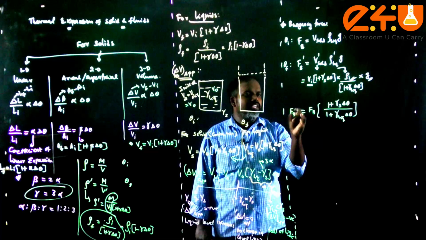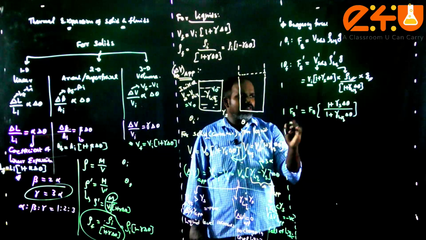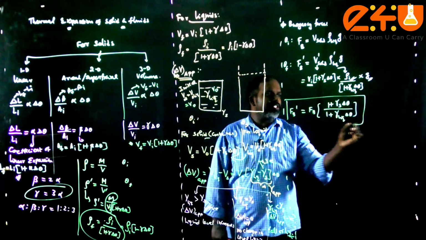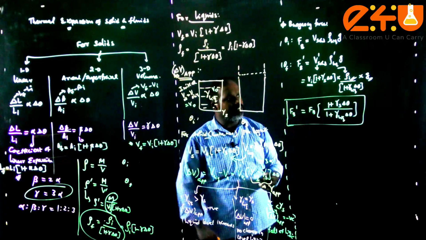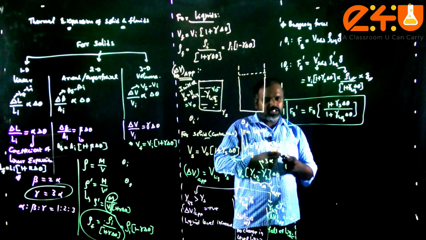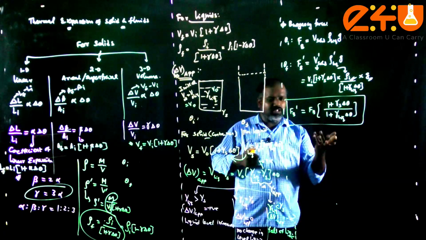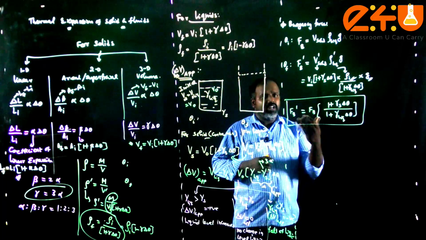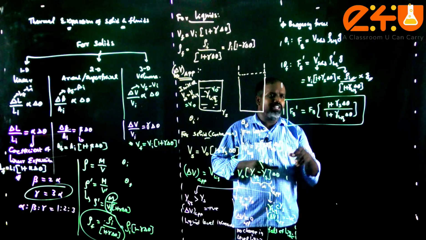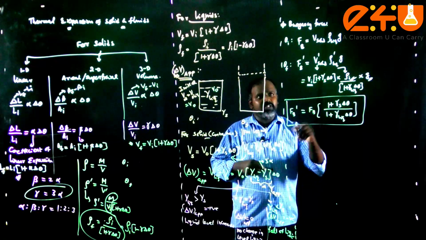So this is F_B'. This is the expression for the change in buoyancy force. Once the buoyancy force changes, the fractional volume of the solid material inside the liquid, or fractional volume out, will all change with respect to this concept.